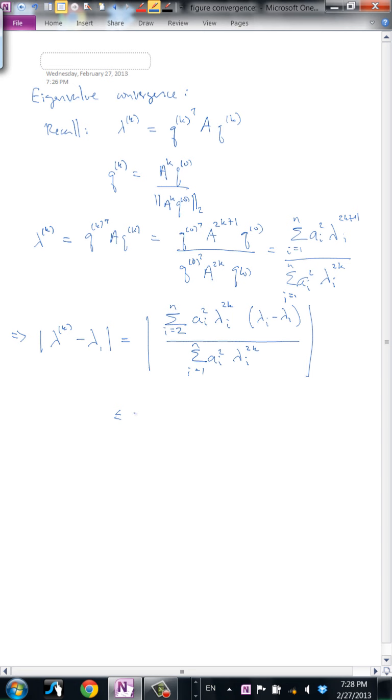And it's easy to bound this above by (lambda 1 minus lambda n) times 1 over a1 squared times the sum from i equals 2 to n of ai squared times (lambda i over lambda 1) to the 2k, which in turn is just bounded above by (lambda 1 minus lambda n) times tangent theta 0 squared. This is exactly the same calculation we did before and the same approximations, times (lambda 2 over lambda 1) to the 2k. So this concludes the proof of the power method.